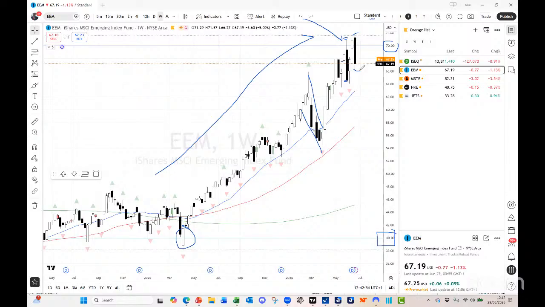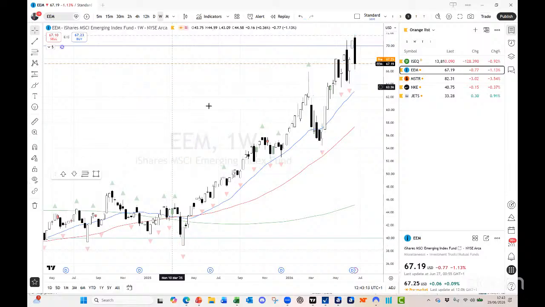Can it attract momentum, or is that price action on the weekly chart at 70 an indication that we are likely to see more continued dollar strength and maybe a drift lower back down towards the 20 period moving average at 64? So that's why it's on my watch list. There's interesting price action to follow up with over the next few weeks.